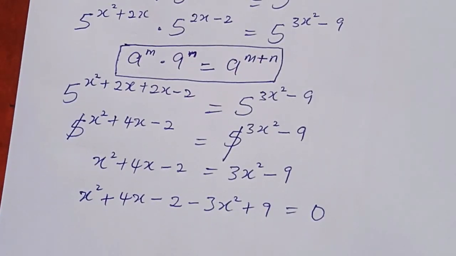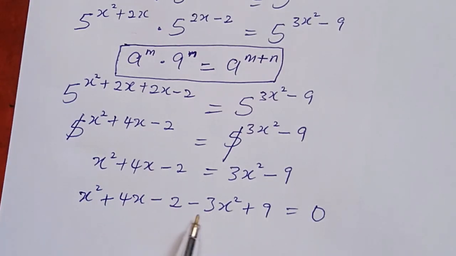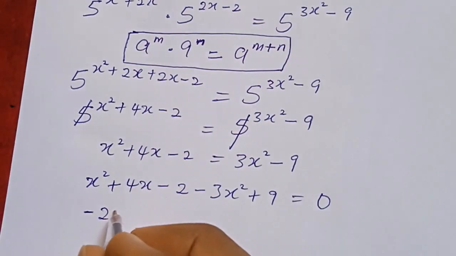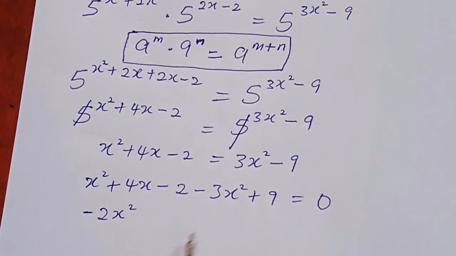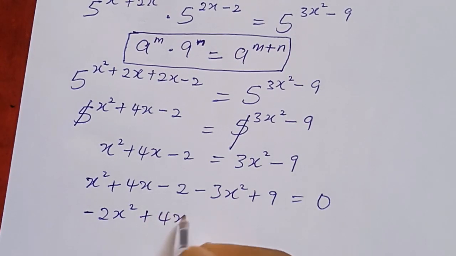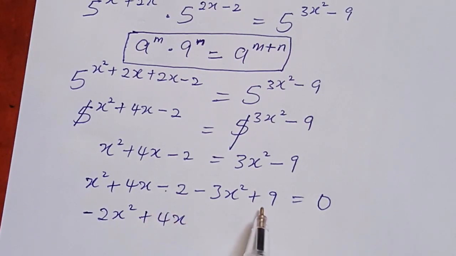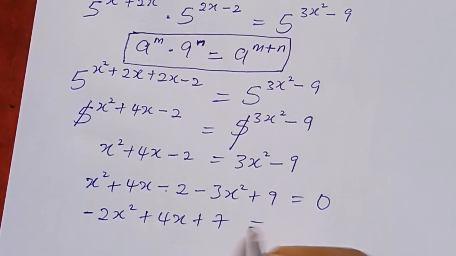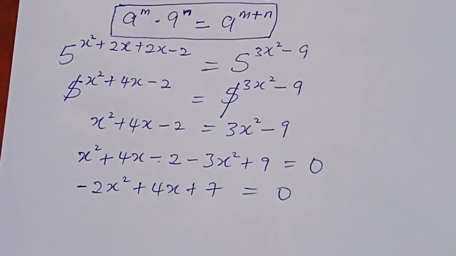So from here, we can simplify this as well. x squared minus 3x squared will give us minus 2x squared. We have minus 2x squared, then plus 4x, minus 2 plus 9 will then give us plus 7. Plus 7, everything equals to 0.